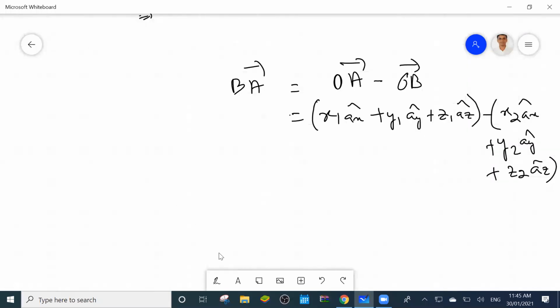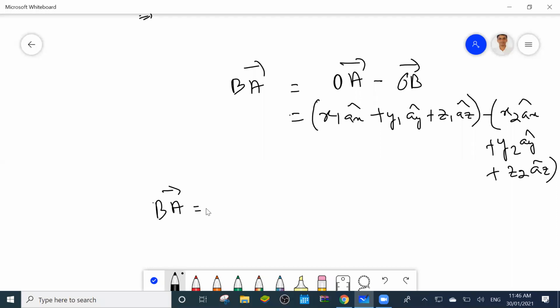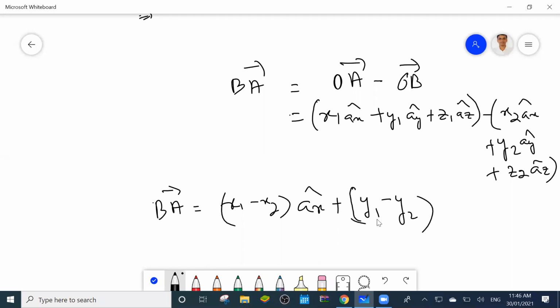So BA equal to x1 minus x2 ax cap, then y1 minus y2 ay cap, plus, see here only the previous one, this one only one minus, that was x2 minus x1, here z1 minus z2.